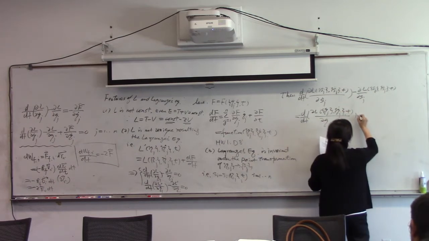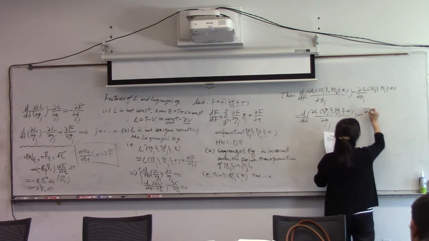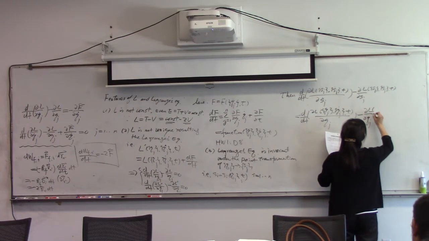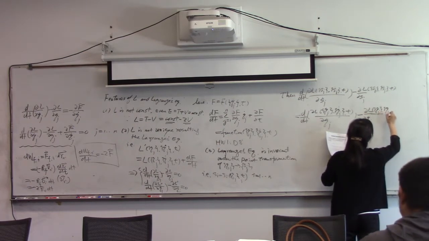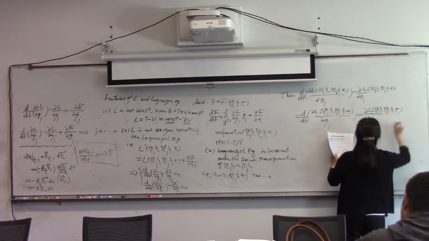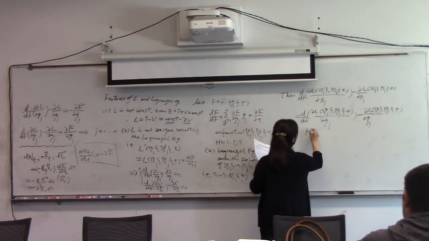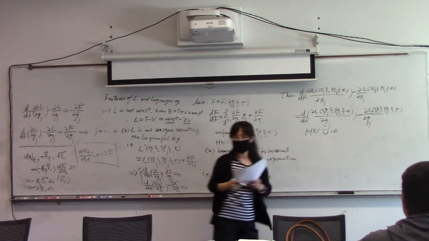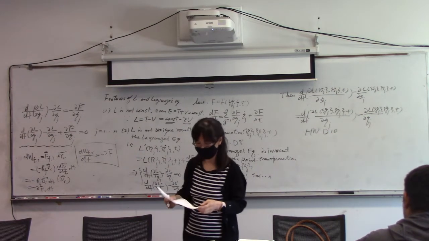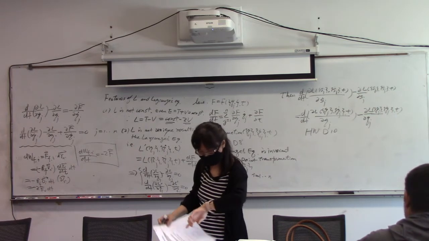So that means if we transfer from one set of general coordinates to another, it will not change the Lagrange equation. And this is your homework. The second problem you are going to do. Okay, so that is the feature.